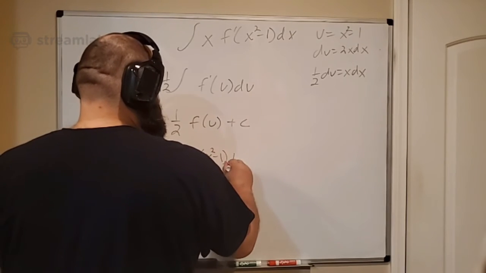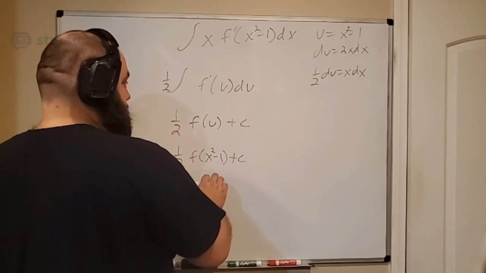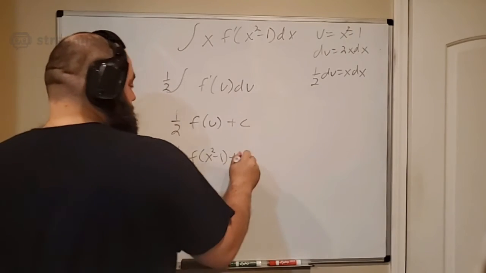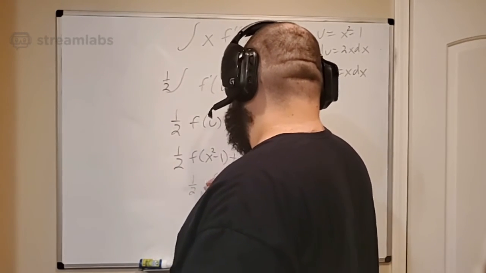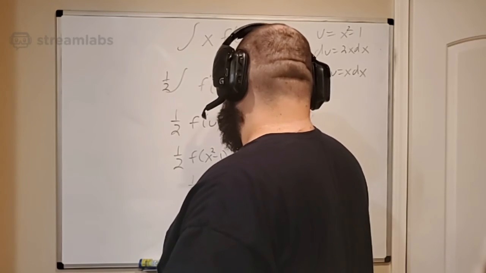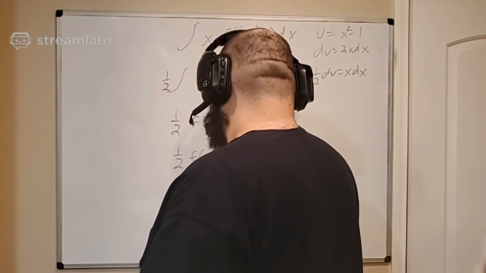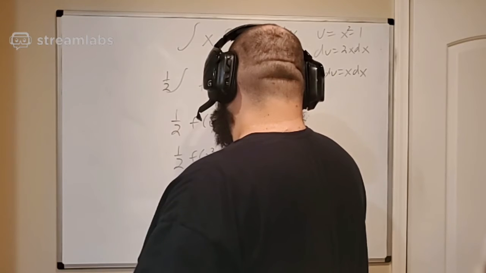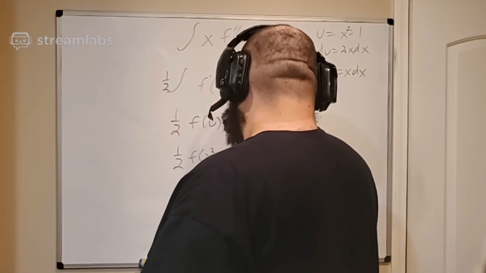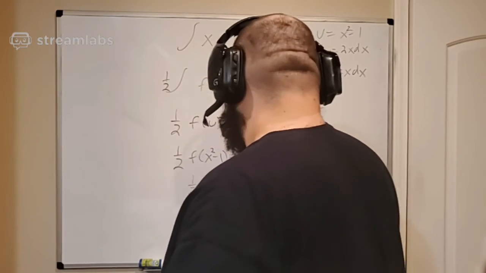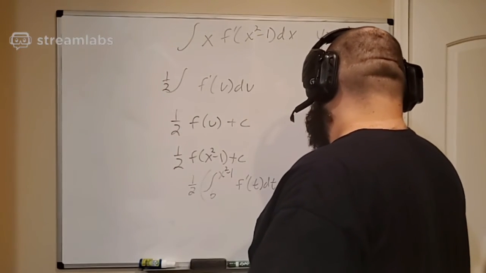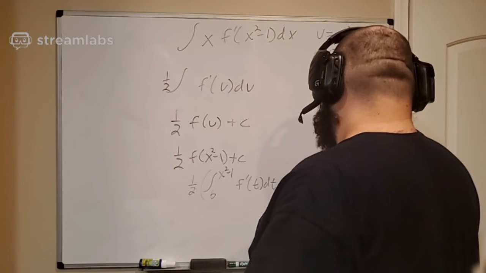So that's going to be 1/2 of the integral from 0 to x squared minus 1 of f prime of t dt plus f of 6 and plus c. I'm assuming that's roughly along the lines of what they want. Let me check to make sure.